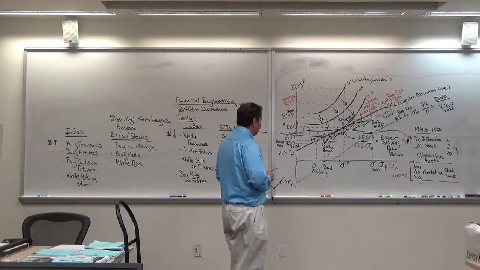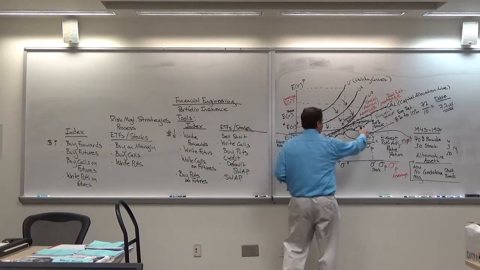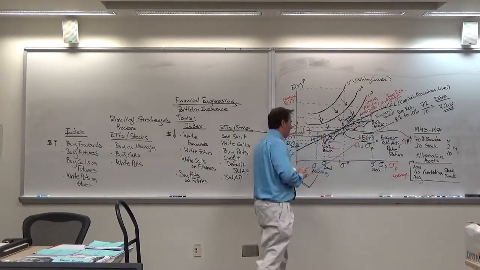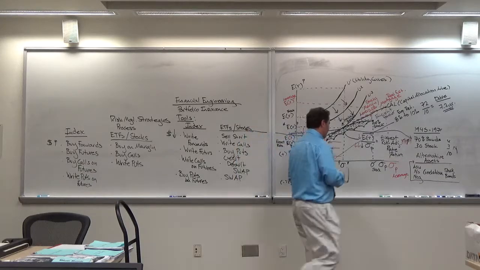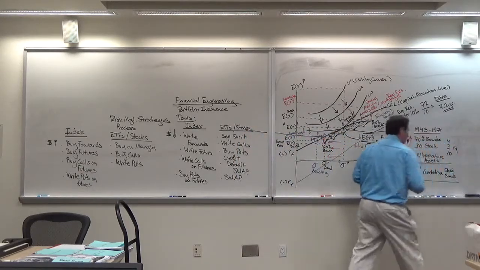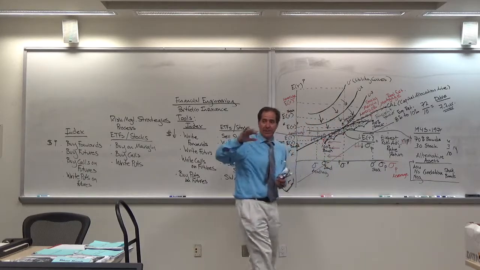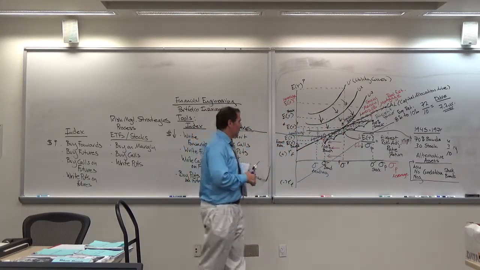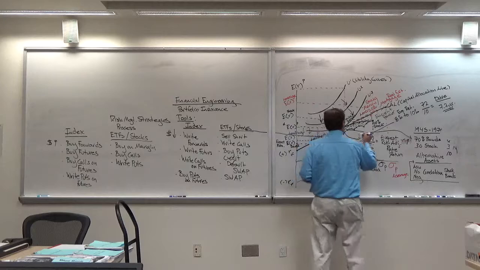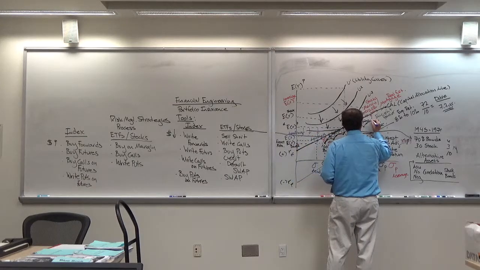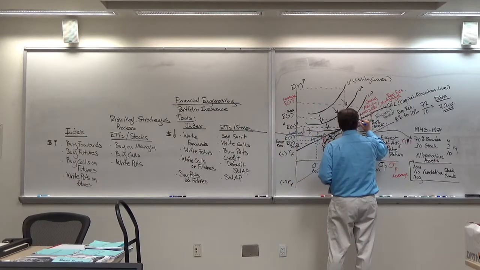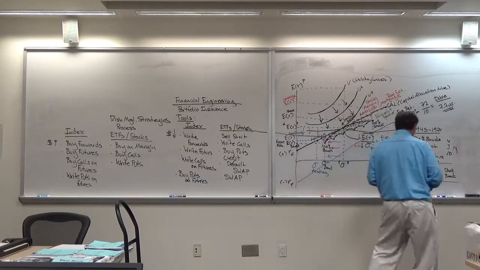All right. So let's say I own a 100% stock portfolio, and I want to reduce my risk, and I'm willing to take a lower rate of return. What I would do is I would sell off my stocks and start buying bonds.